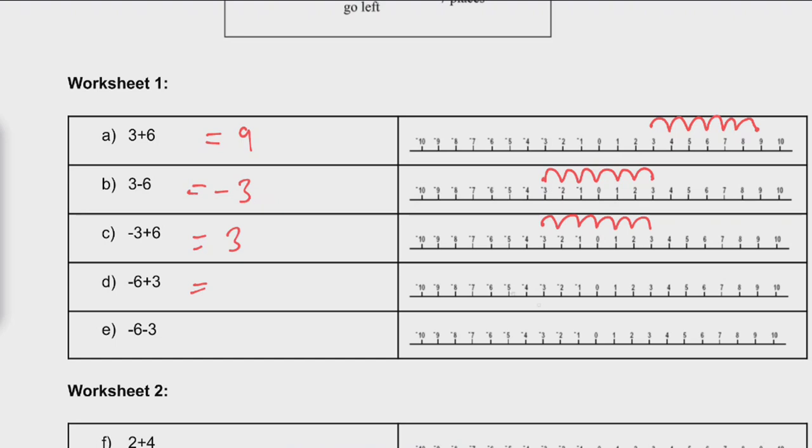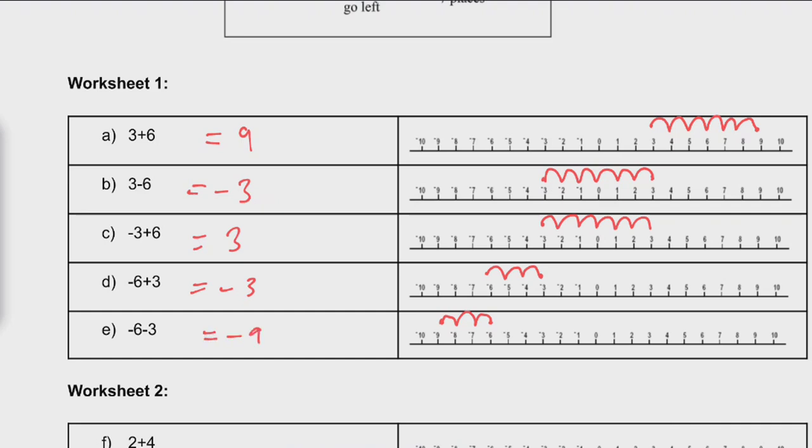We start on -6 and it's an addition, so we move right by 3 places: 1, 2, 3, and we end up at -3. For our final one, we have -6 minus 3. We do the same thing: we start at -6 and it's a minus, so we move left 3 places: 1, 2, 3, and we end up at -9.